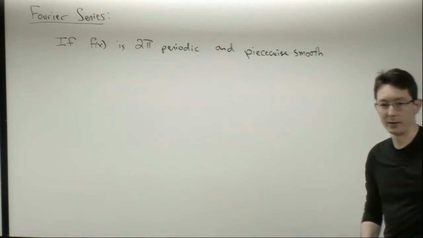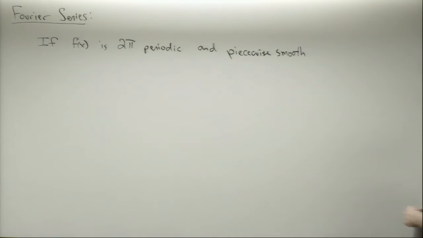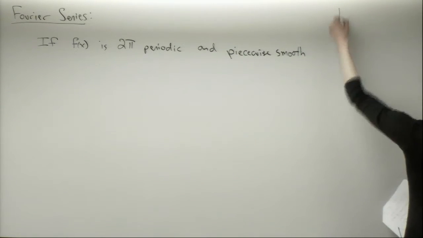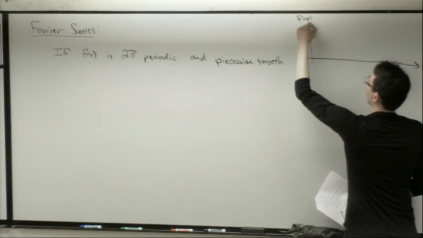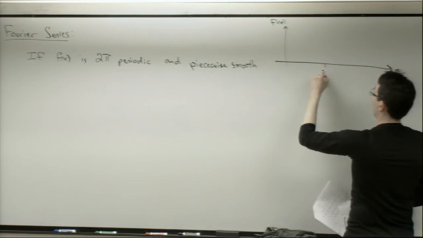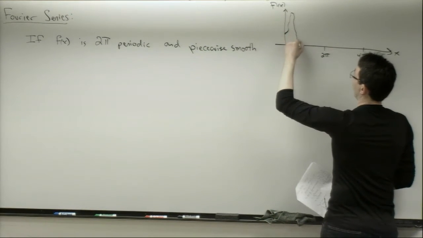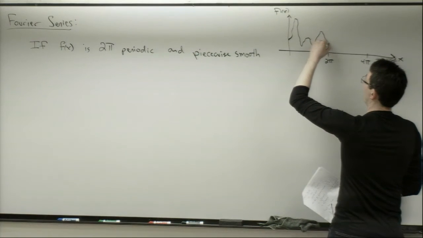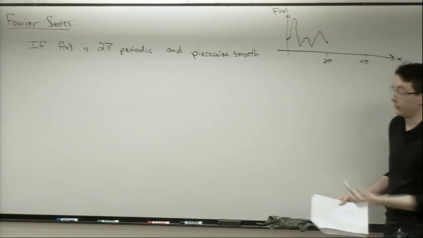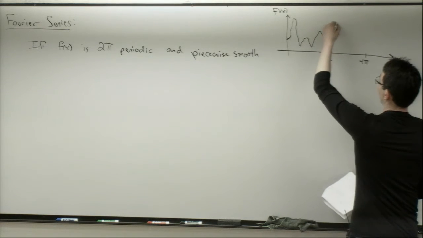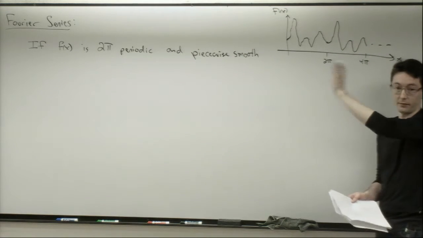So what does it mean for a function to be 2 pi periodic? It just means it repeats after every 2 pi. So if I have x and f of x, I can do anything I want between 0 and 2 pi, but at 0 and 2 pi, my function had better have the same value, and it had better repeat every 2 pi forever.